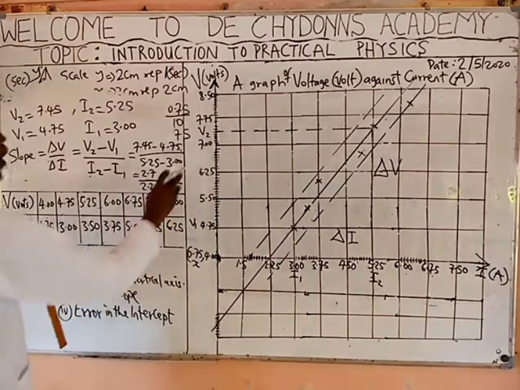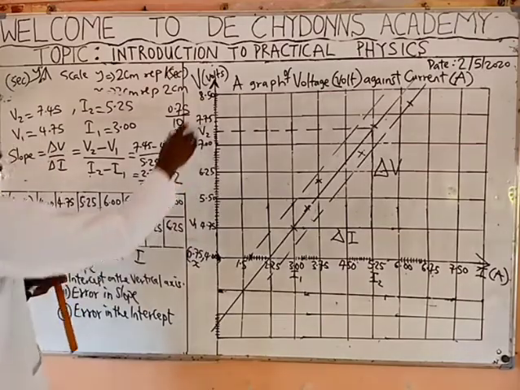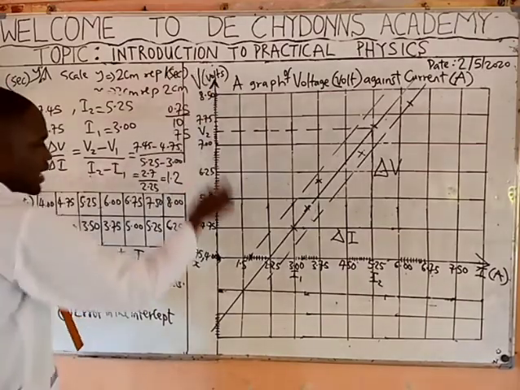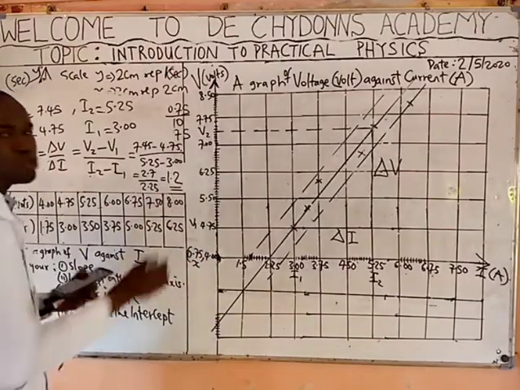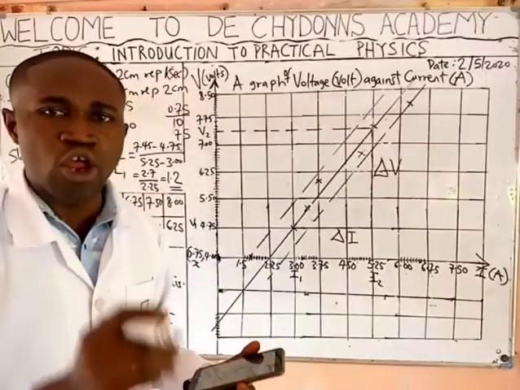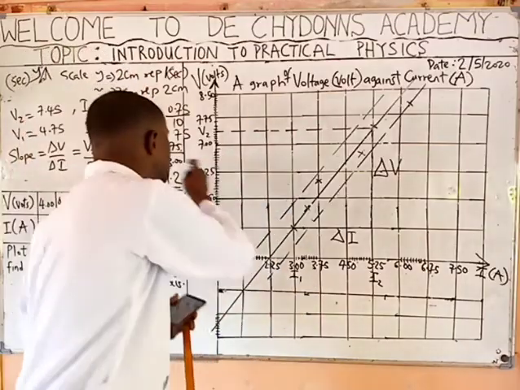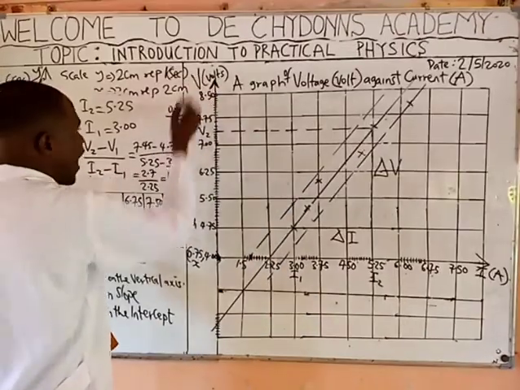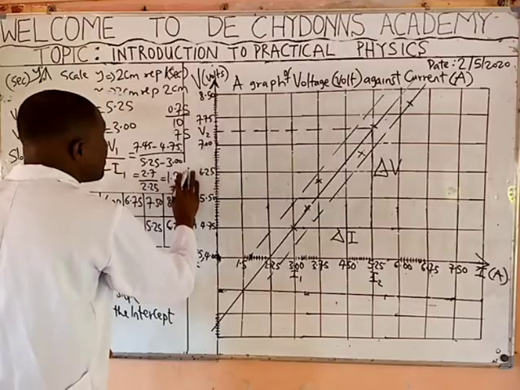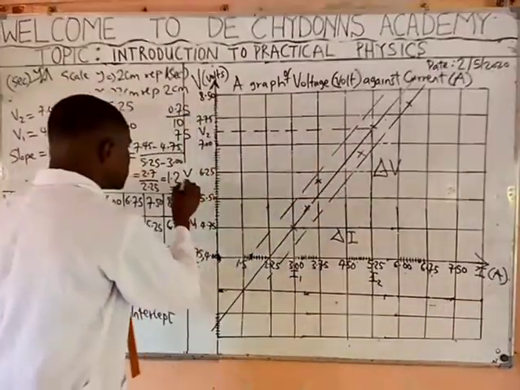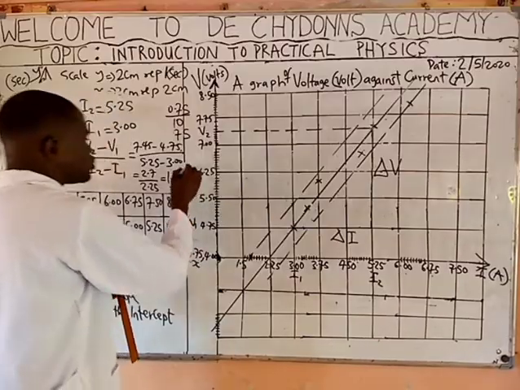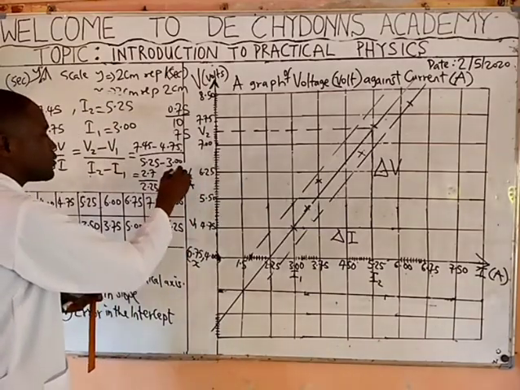Okay? Now 1.2 what? Because you are plotting the graph of volt against current, don't make mistake and say your slope is just 1.2. Try to attach the unit of your experiment to it. What is the unit of the y? You say volts. What is the unit of the x? You say ampere. So volts over ampere or volt per ampere.